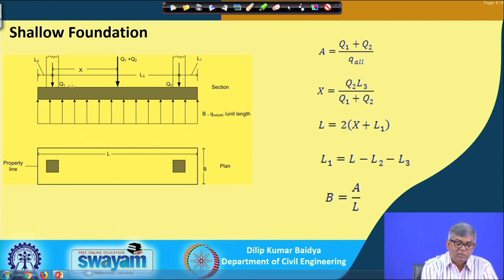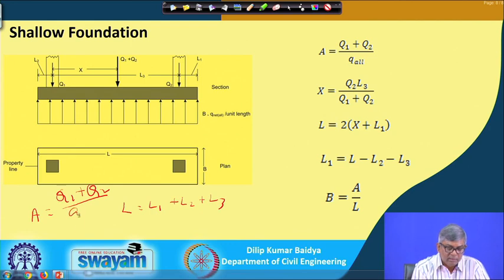So my total length of the footing is known, the length becomes L1 plus L2 plus L3, and the area is also known, because if the soil bearing pressure is Q allowable, area equals Q1 plus Q2 divided by Q allowable.